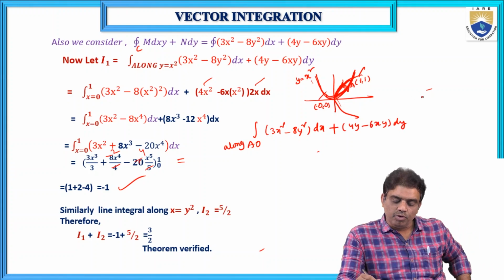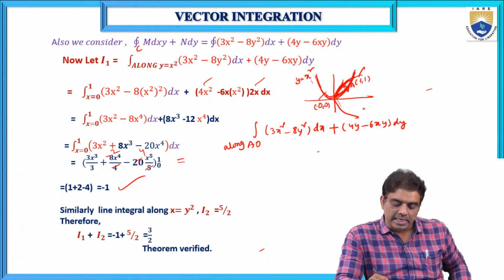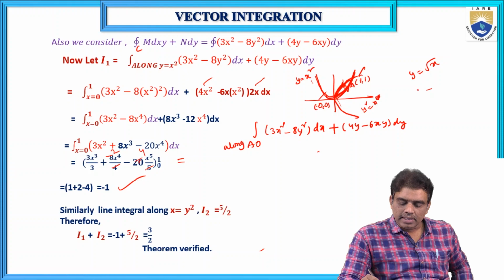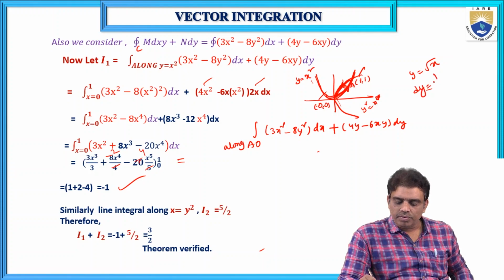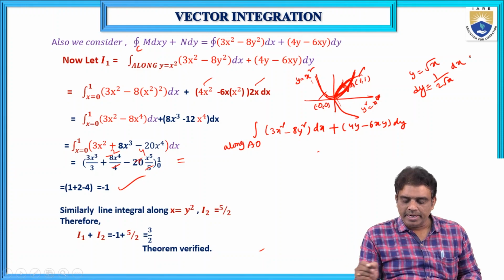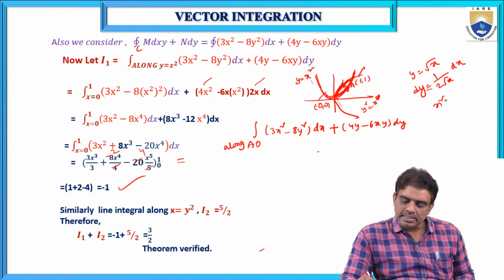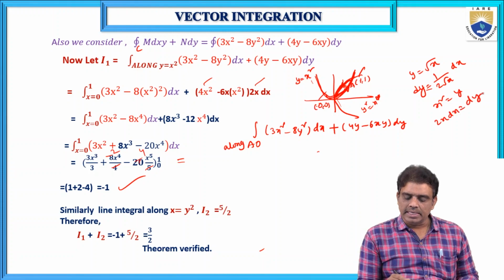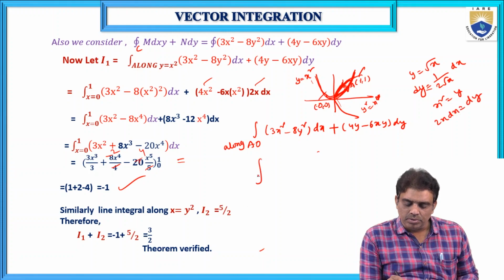So along AO means the curve is along AO. This curve is y square is equal to x or y is equal to root x. Then dy is equal to 1 by 2 root x dx, or x square is equal to y, 2x dx is equal to dy. So you can change the entire terms in y also.